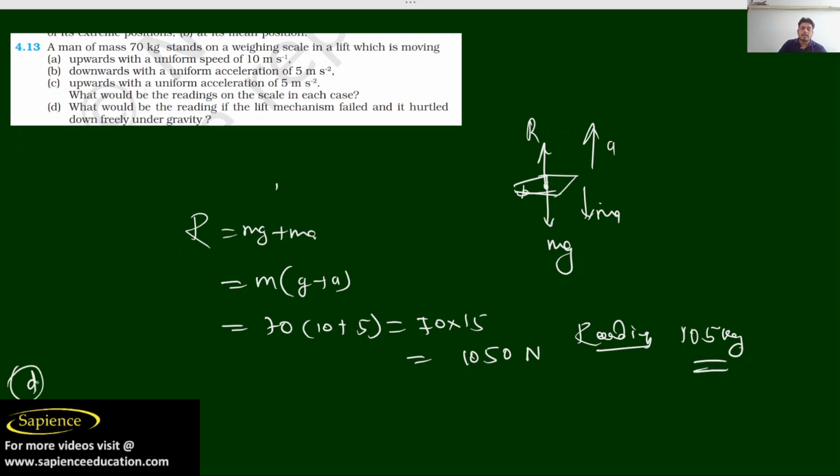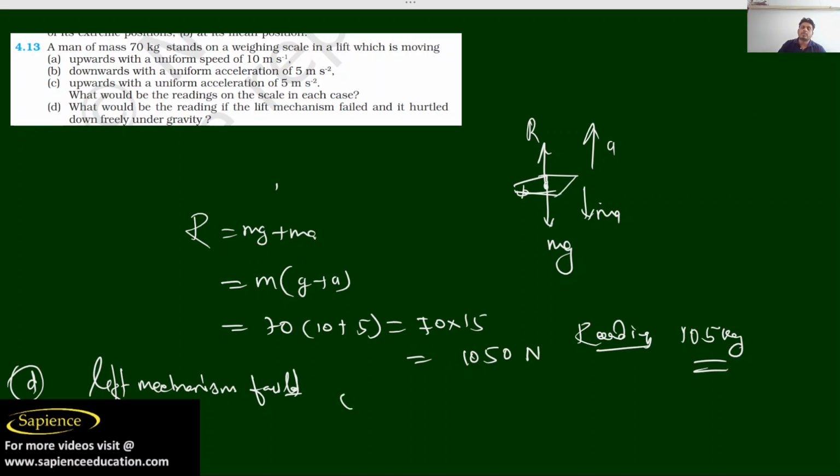Now again, it is the fourth case. What would be the reading if the lift mechanism failed? If the lift mechanism fails, what happens?